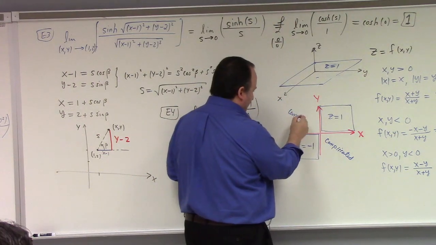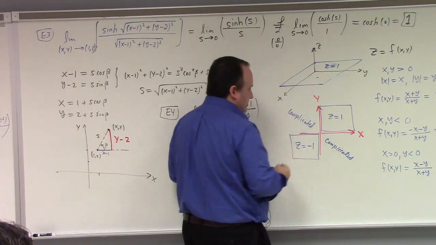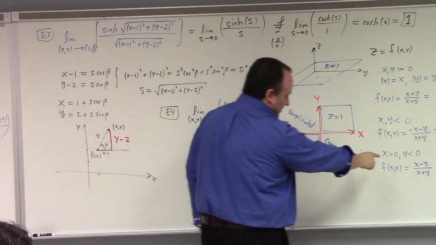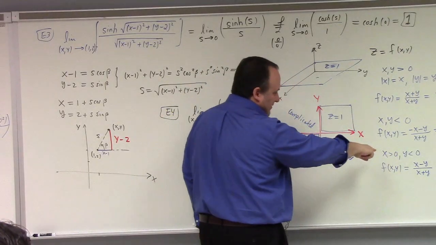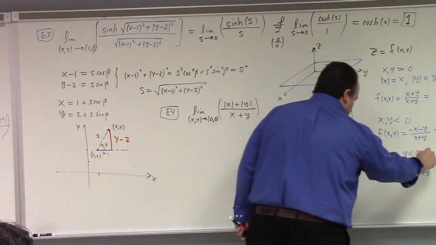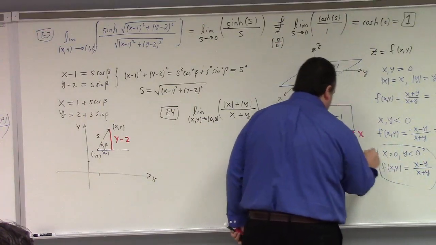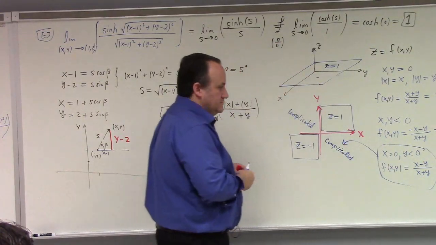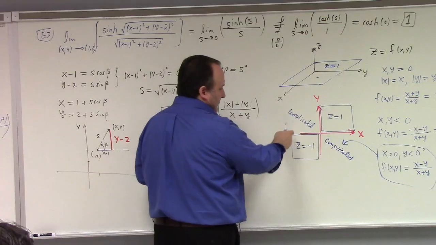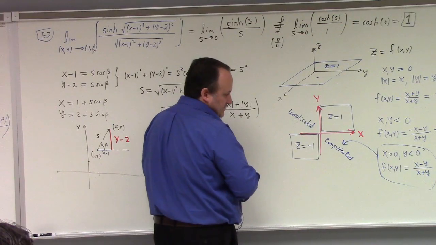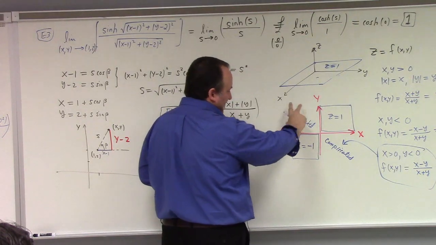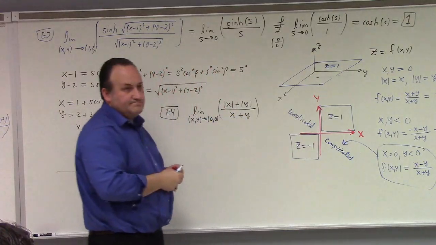Where is this? x greater than 0, y less than 0? This story happens here. And over here you'd have y minus x over x plus y.